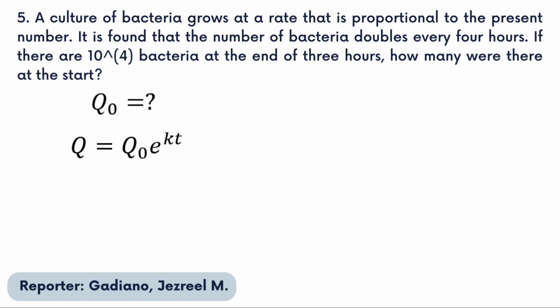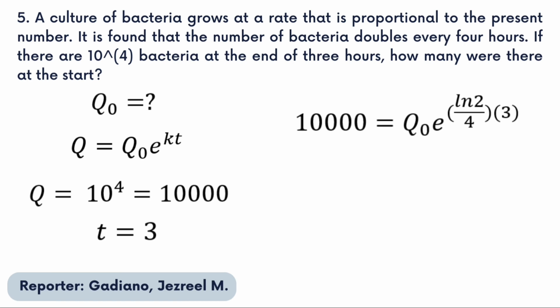Since meron daw 10,000 bacteria after 3 hours, so we're going to let Q equals 10,000 and T equals 3. Substitute lang natin yung mga values ni Q, T, and K sa equation natin. So now we have 10,000 is equal to Q sub 0 times E raised to ln2 over 4 times 3.